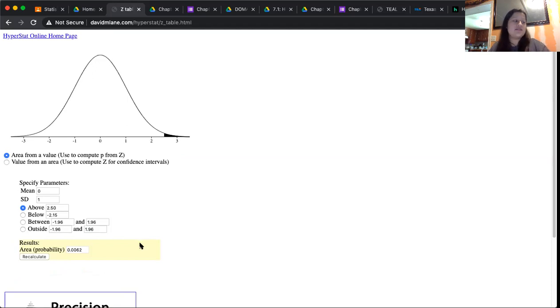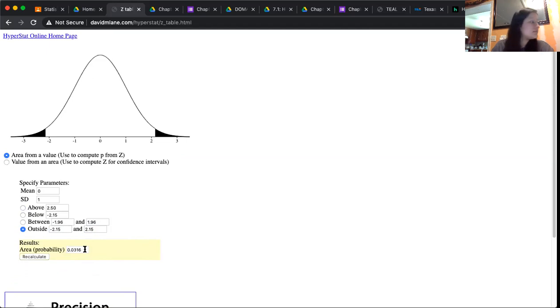Another thing to note is if you are doing a two-tailed test, and your value is like, I think on this example number 3, it said 2.15, you would go outside. And you can change these. So if it's 2.15 on the one side, it's going to be 2.15 on the other side too.